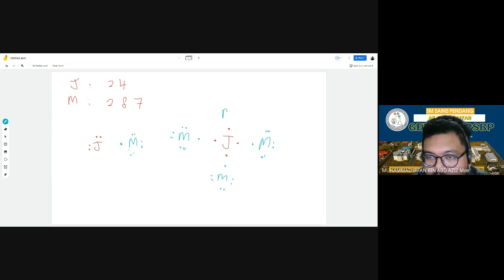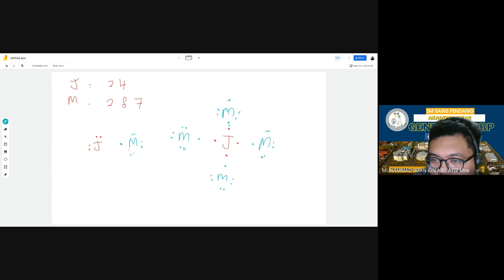Okay, can you see it? Kenapa jadi macam tu? Because they are sharing electrons.